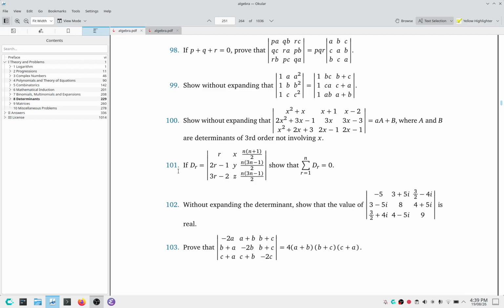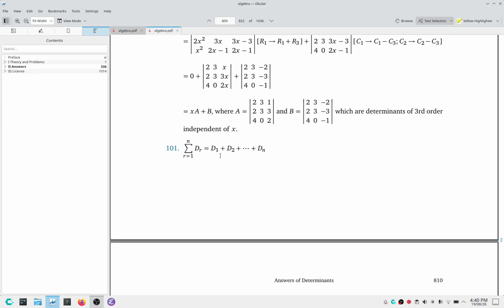Question 101 says that if Dr is the determinant r, x, n times n plus 1 over 2; 2r minus 1, y, n times 3n minus 1 over 2; 3r minus 2, z, n times 3n minus 1 over 2, then show that sigma r equals 1 to n Dr is equal to 0.